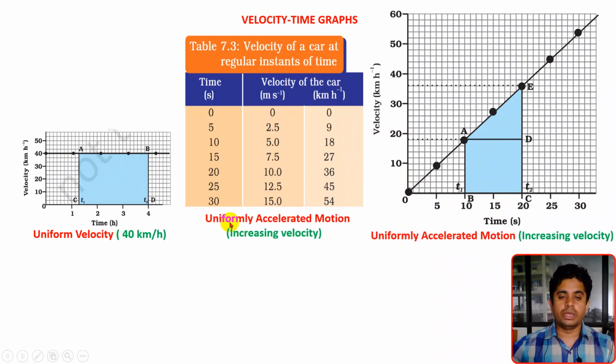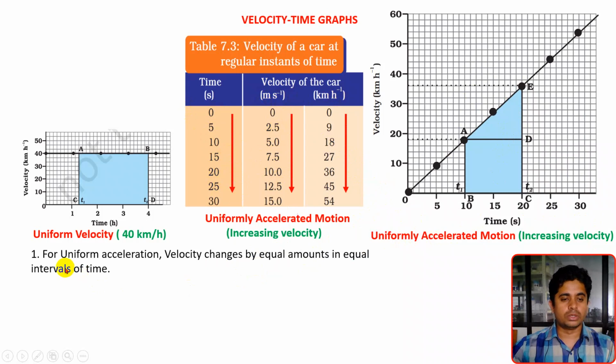Even though we have given the name of this graph as uniformly accelerated motion with increasing velocity, why have we said uniformly accelerated motion? What is the reason? Here you can see as time is increasing, velocity is increasing, whether in meter per second or kilometer per hour. So what is the basic definition of uniform acceleration?